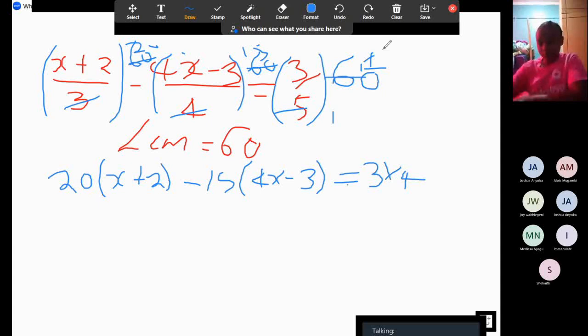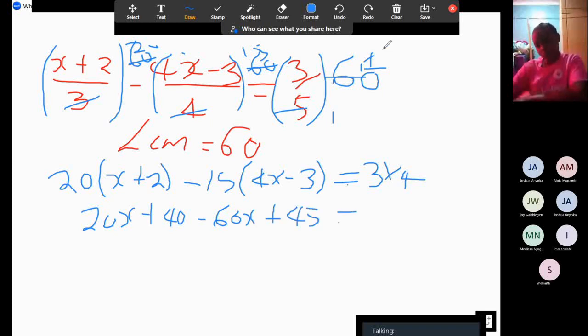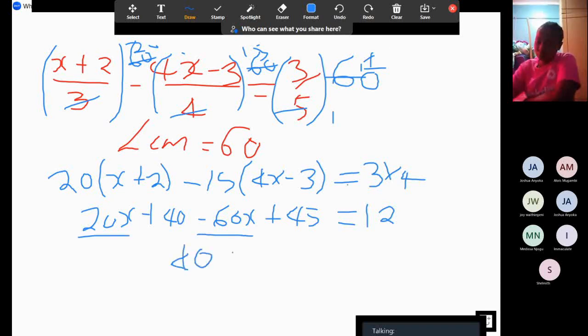So now open brackets: 20x plus 40 minus 60x plus 45 is equals to 12. Then you take 20x minus 60x, that is negative 40x.